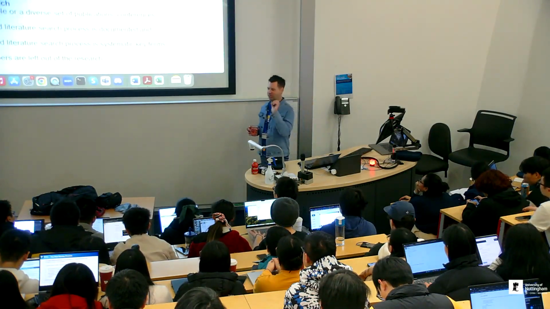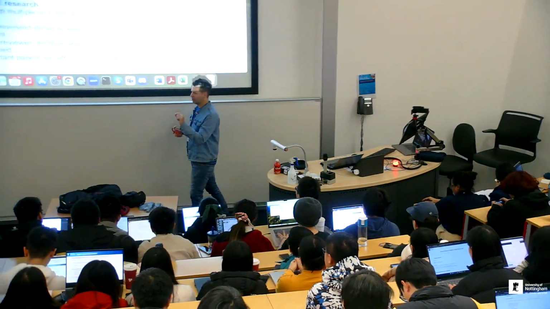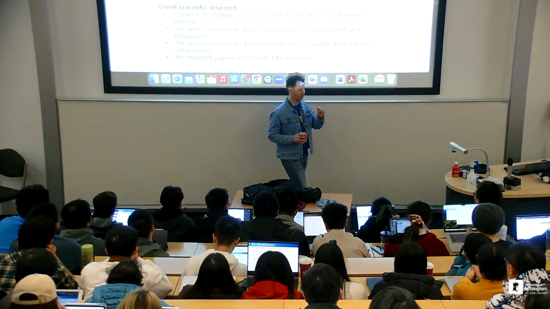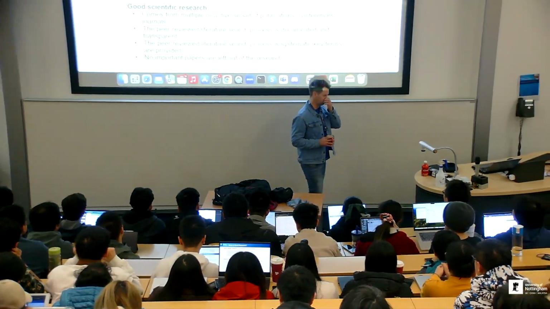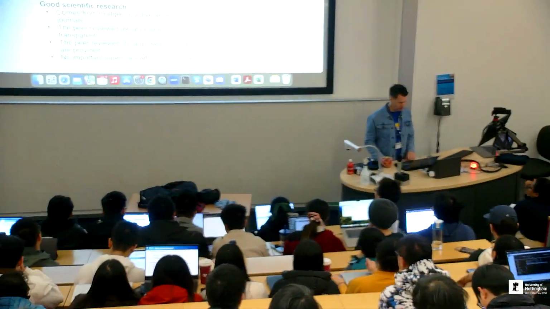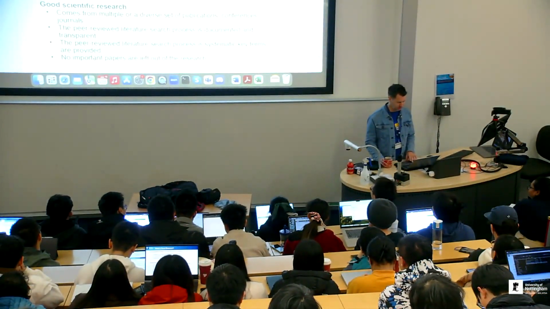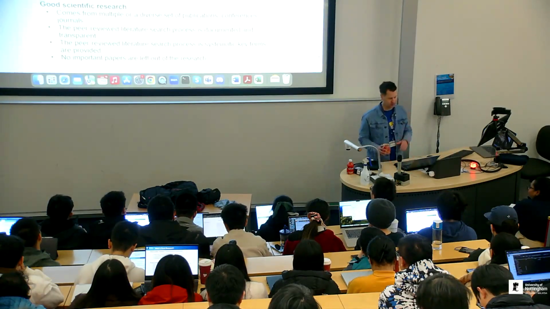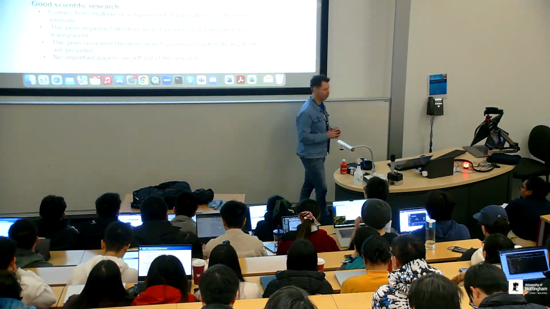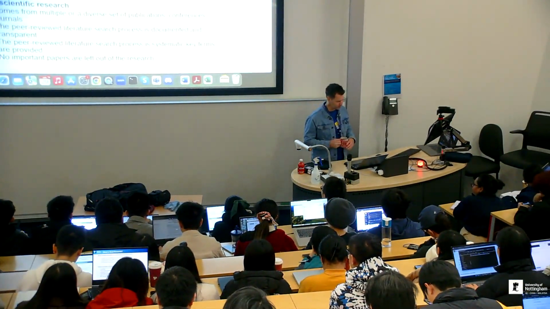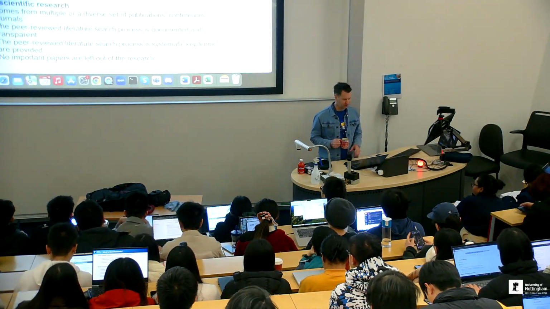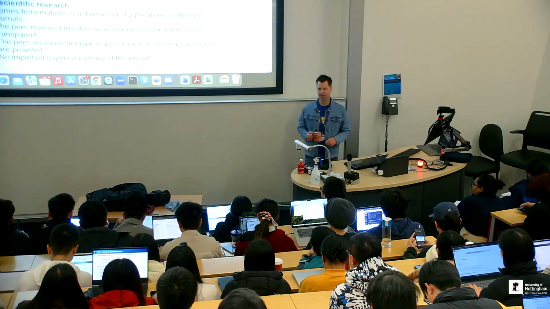Okay, so up to this point, we talked about what is research, what is scientific research. Now we're going to talk about what is good research, right? Good quality research is characterized by the following criteria or aspects or dimensions or whatever you want to call them, qualities. Good quality research comes from multiple or a diverse set of sources.